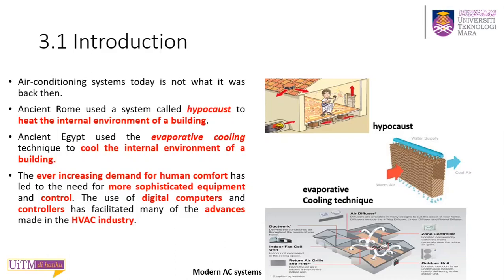While ancient Egyptians used a technique called evaporative cooling to produce cool air from the hot and dry air of the desert. And as for today, with the ever-increasing need for human comfort, more sophisticated air conditioning systems and equipment have been produced by the HVAC industry.